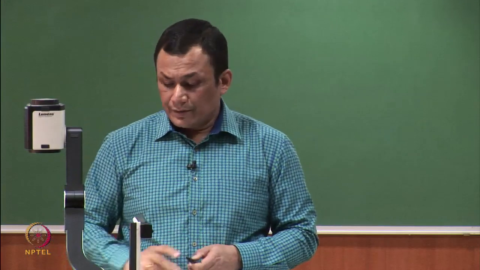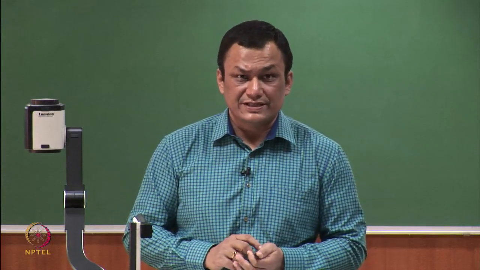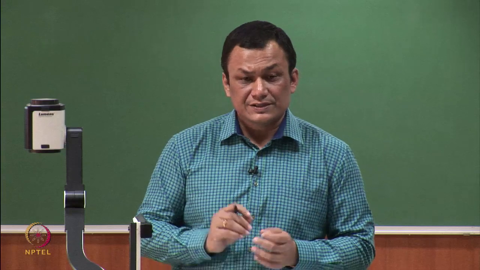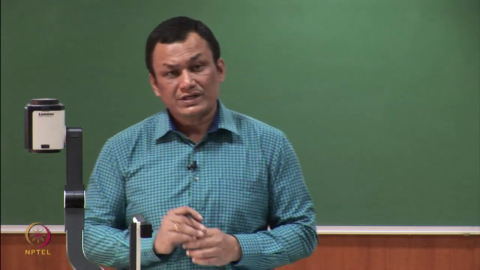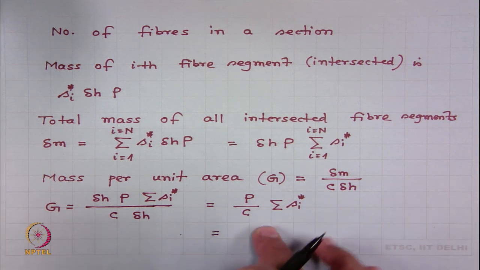Now, in order to make this expression more meaningful, we rearrange it in a special form. What is that form? Let us multiply and divide this expression by capital N. What is capital N? Capital N is the total number of fiber segments.